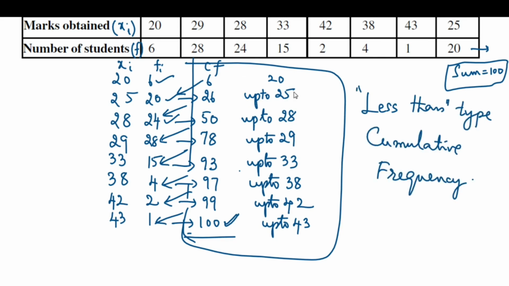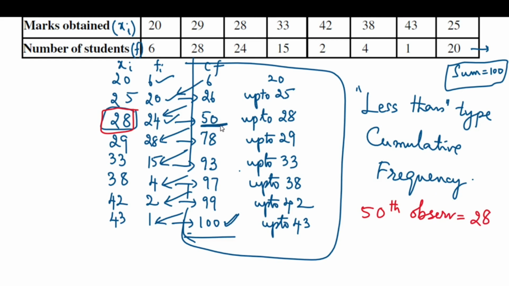Now we have to locate 50th observation and 51st observation from this cumulative frequency. So up to here we have 50 observations. So 50th observation is here only. The 50th observation is 28.